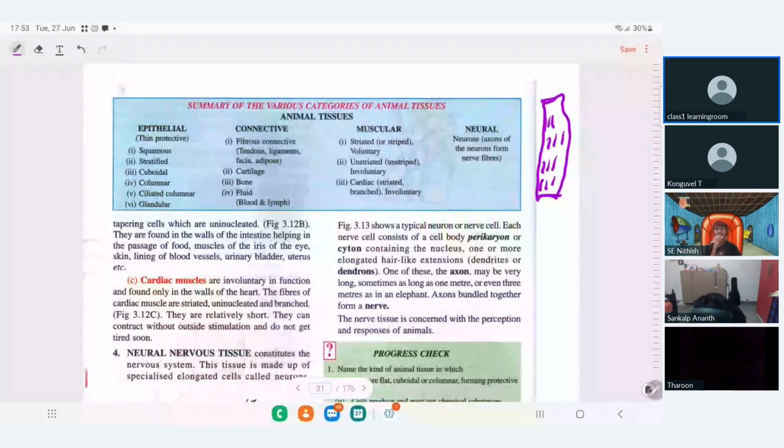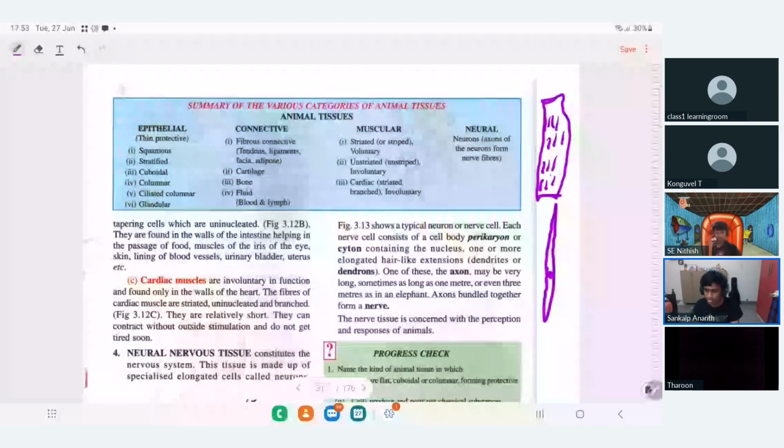A simple diagram for a piece of muscle tissue. You can see the non-striated muscle and the nucleus.